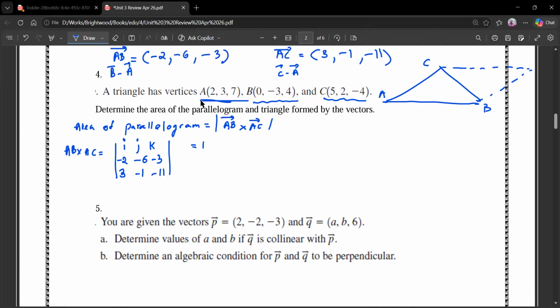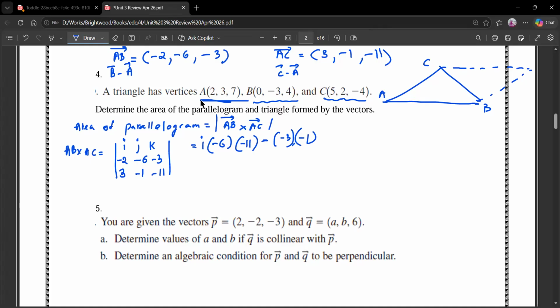Looking at this matrix, for I you take negative 6 and negative 11, minus negative 3 and negative 1 on the other side.